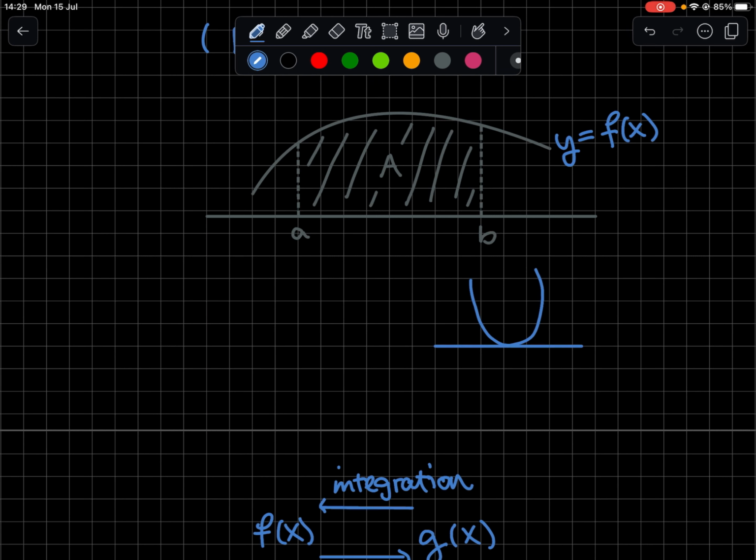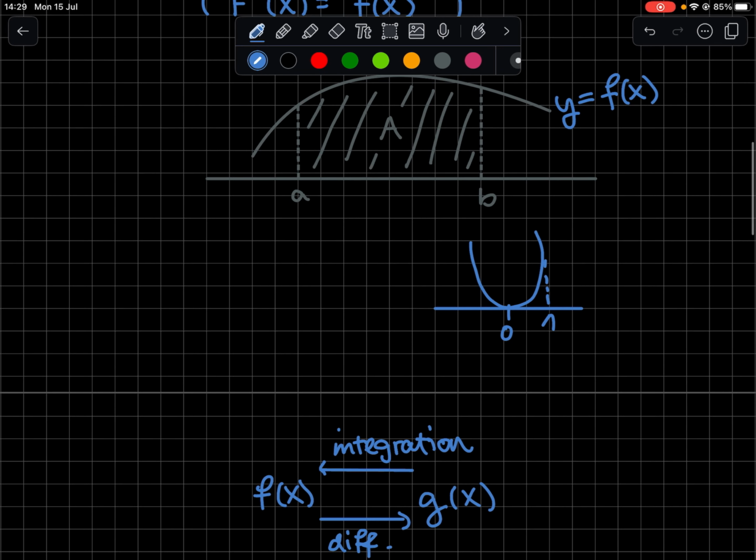And we wanted to determine the area underneath the curve between 0 and 1. How would we do it? Well, we can use an integral. Our function is x squared. We need the dx, and the integration limits are 0 and 1, because those are the points between which we want to find the area.